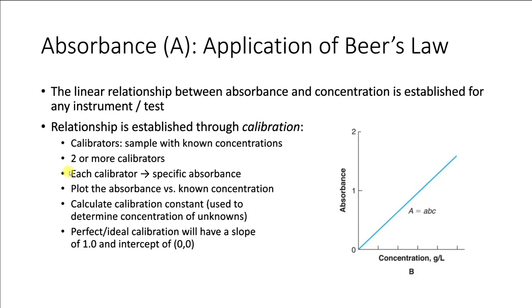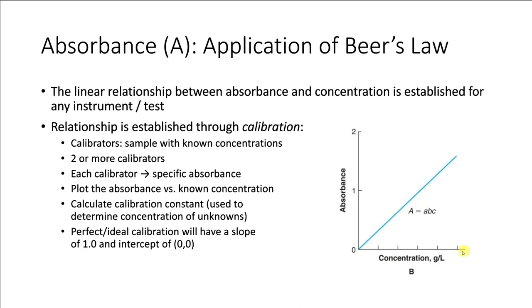Because we know the known concentration of each calibrator, we then know it must lead to a specific absorbance. When we know that, we can then plot this absorbance versus the known concentration of the calibrators. And when we get this plot, we will then take the calibration constant, which is the slope, and that is then used to calculate the concentration of any unknowns or your analytes.